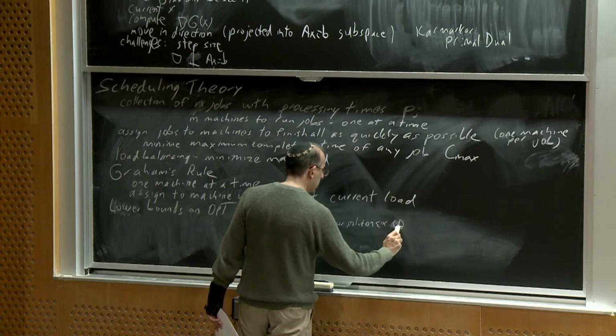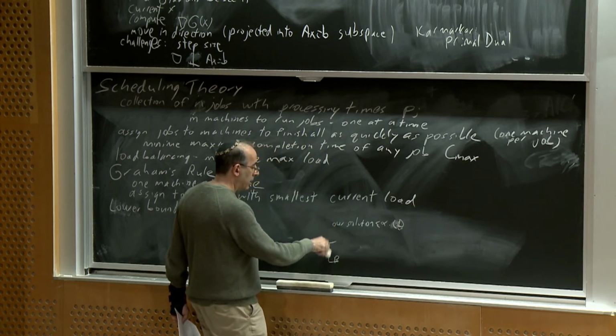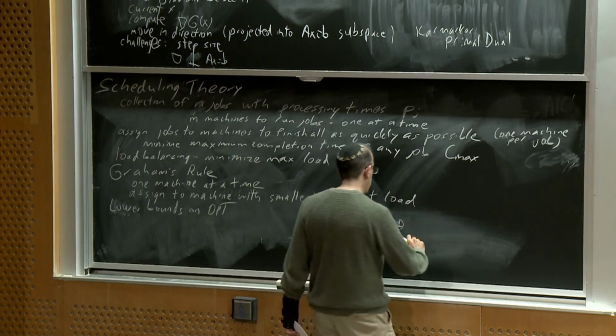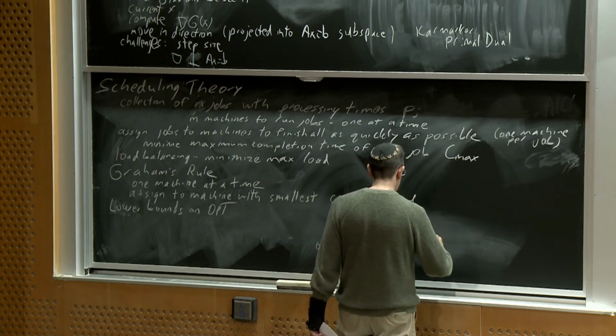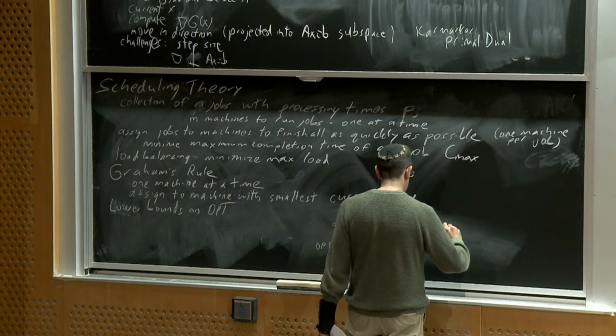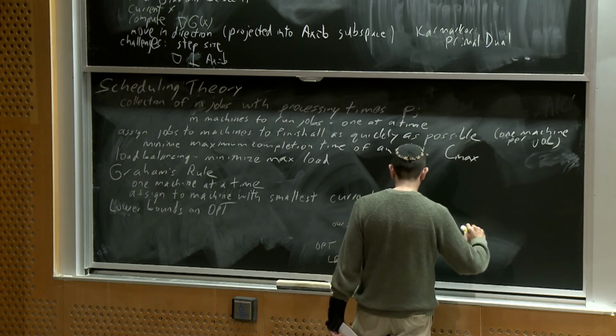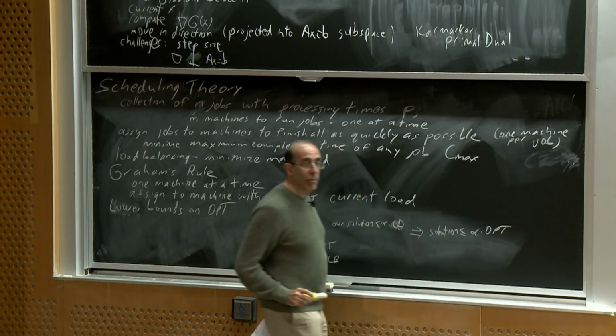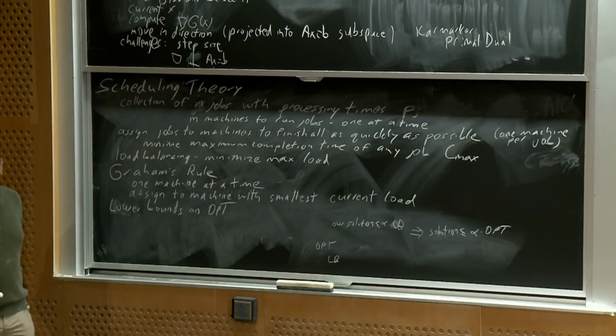And since the optimum is between the lower bound and our solution, this is going to imply that our solution is at most alpha times opt. So what are those lower bounds? Yes?